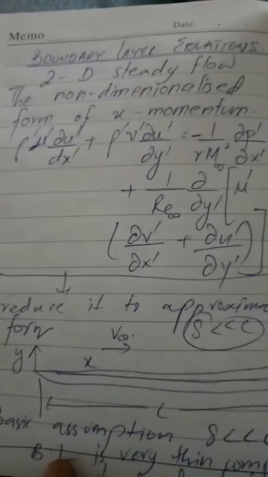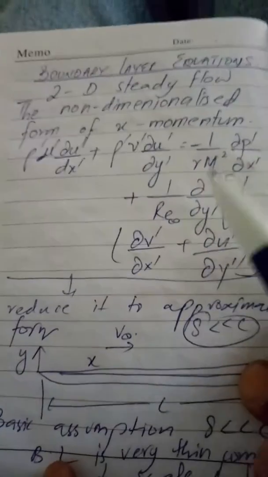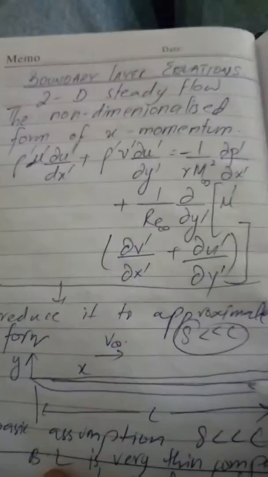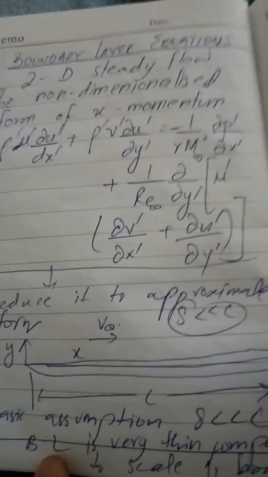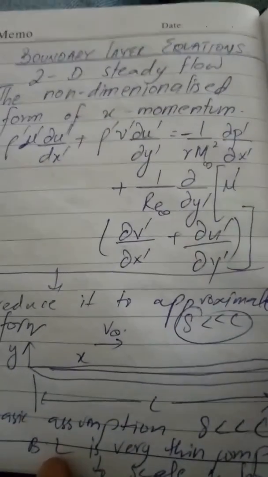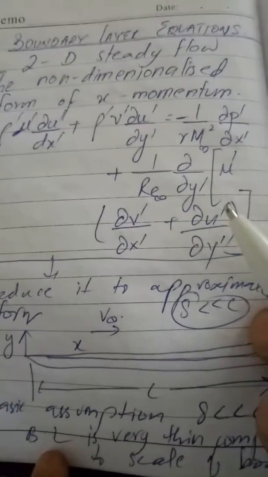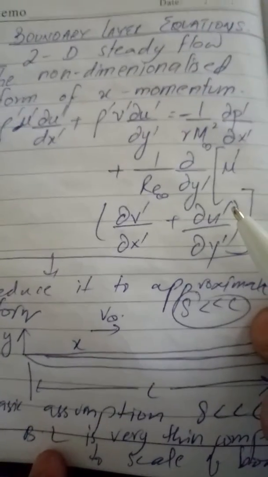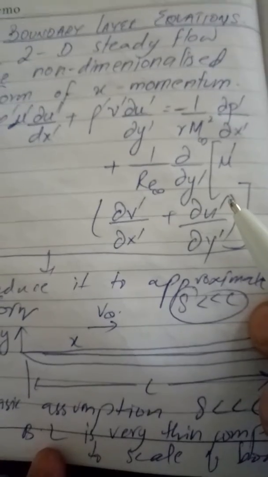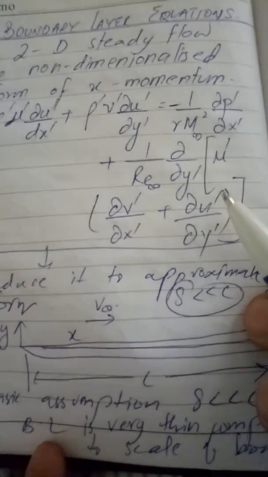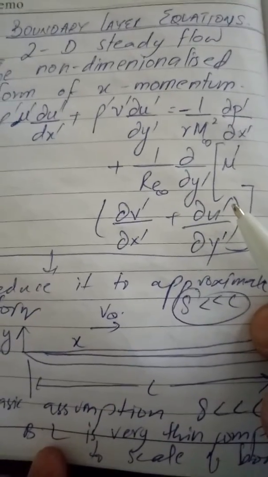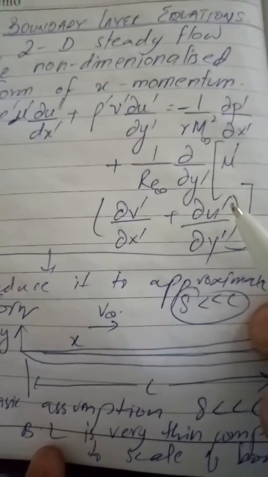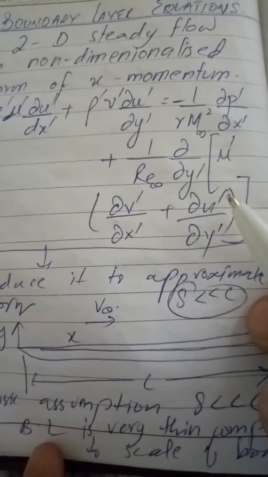So we have to reduce this whole non-dimensionalized form of x momentum to an approximate form. Earlier, when we talked about the Newtonian sine squared law, we also discussed the approximation technique.